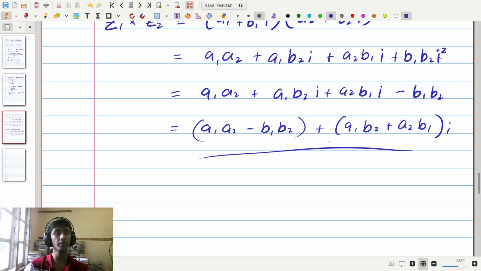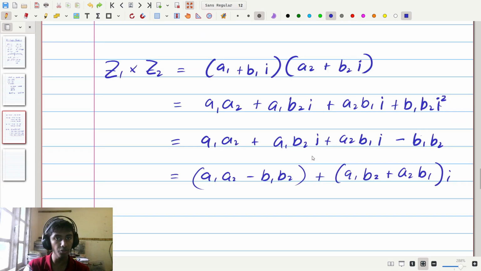So this is what happens when you multiply two complex numbers together. If the two complex numbers are of the form a1 plus b1 i and a2 plus b2 i respectively, then their product is going to be real part a1 times a2 minus b1 times b2, and imaginary part a1 b2 plus a2 b1 times i, of course.